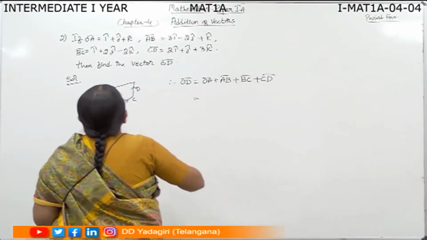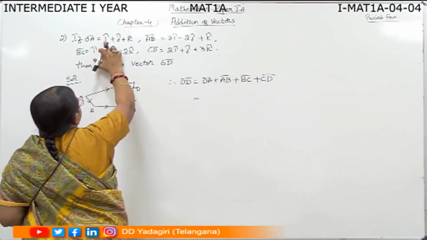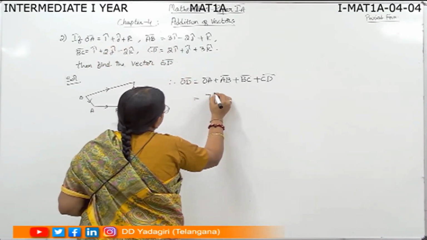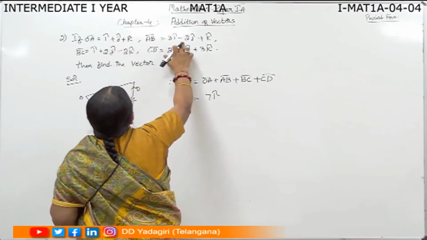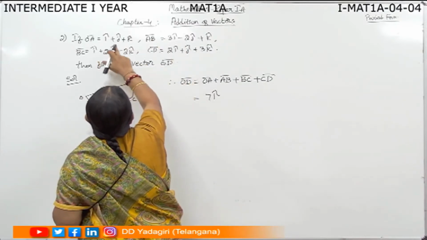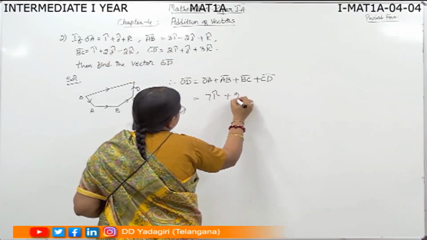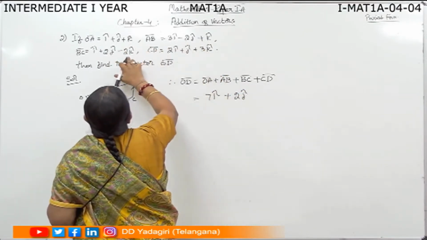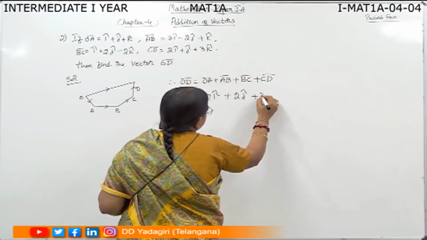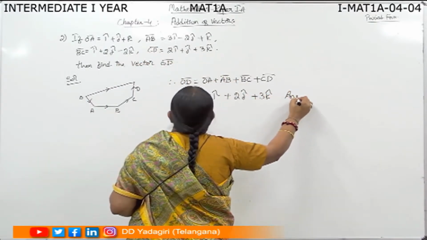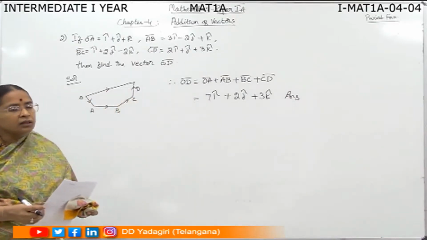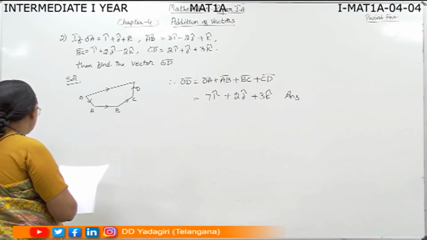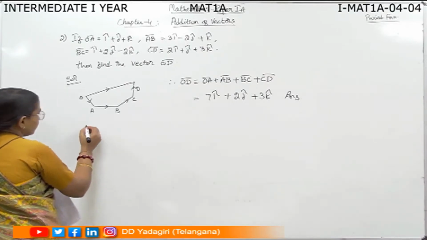When you add all the items, 1 plus 3 plus 1 is 5, plus 2 is 7, so it is 7i. And then 1 minus 2 plus 2 is 1, then plus 2, so 2j. And again 1, 2 minus 2, then 3, so plus 3k. So OD is nothing but OA plus AB plus BC plus CD. Yes, next problem.